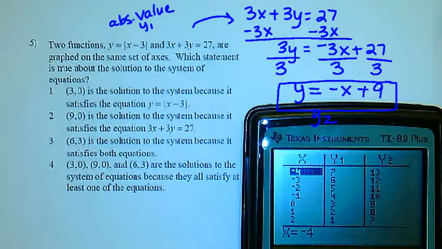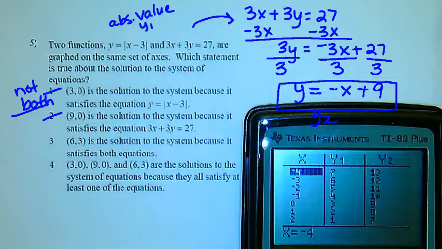Remember, our absolute value is going to be y1, and our linear equation is going to be y2. So is (3, 0) a solution to the system because it satisfies the equation y equals x minus 3? Right off the bat, I'm going to cross off 1 and 2 because they need to satisfy both.